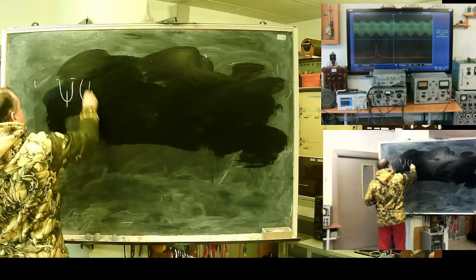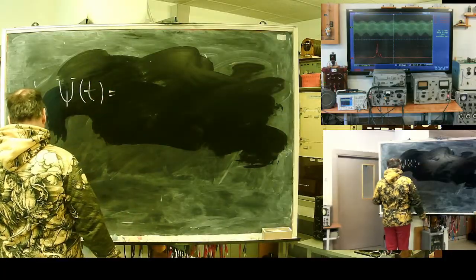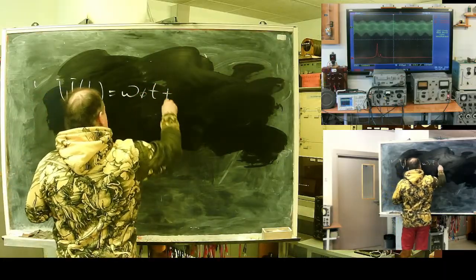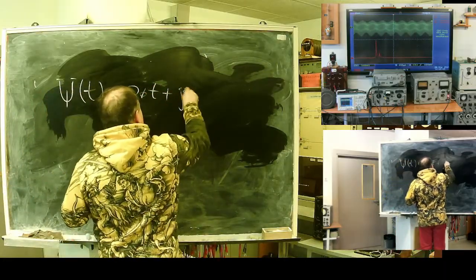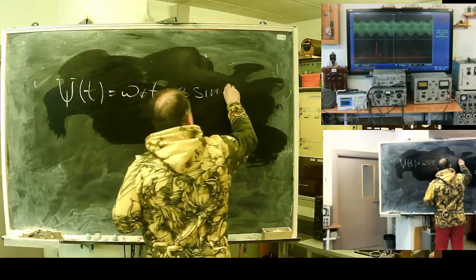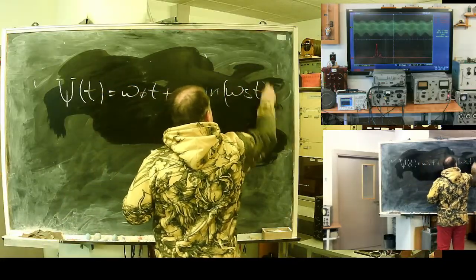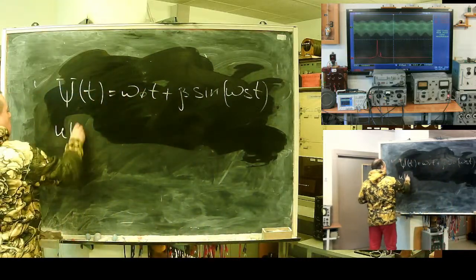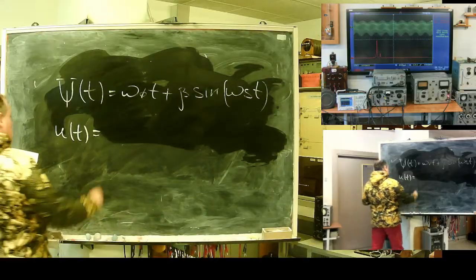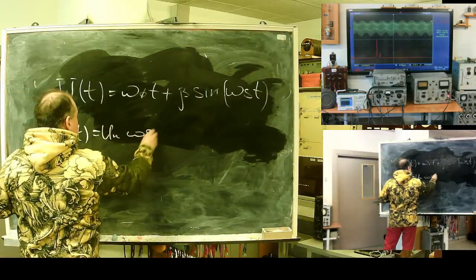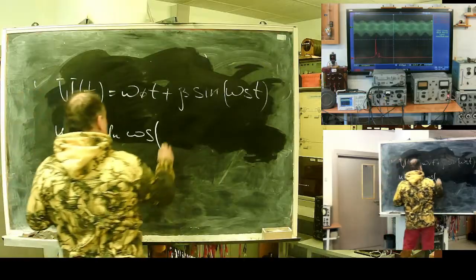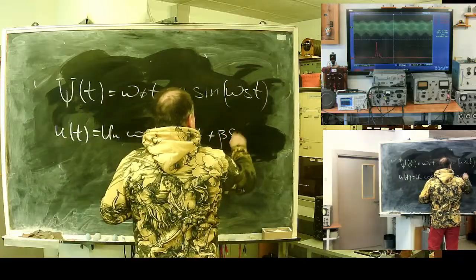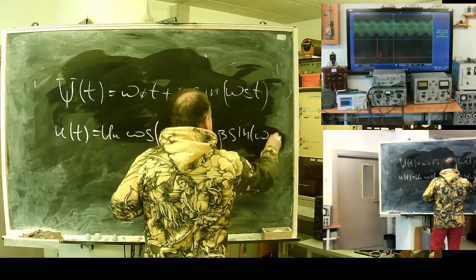Full phase of my signal will be omega 0 time plus beta sine omega s time. So the signal is Umax cosine of omega 0 time plus beta sine omega s time.